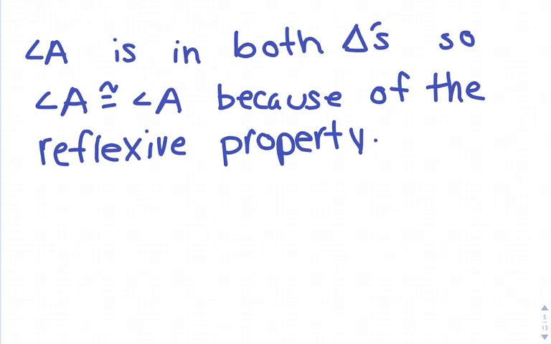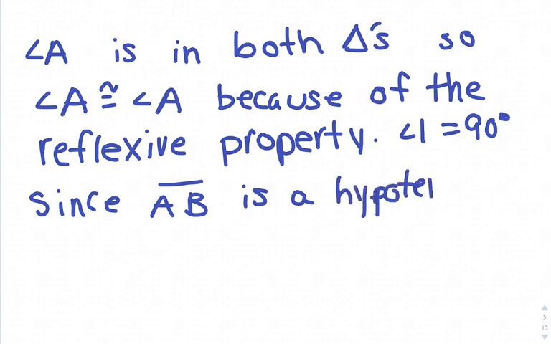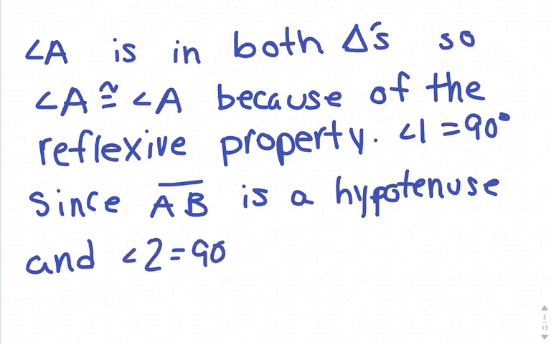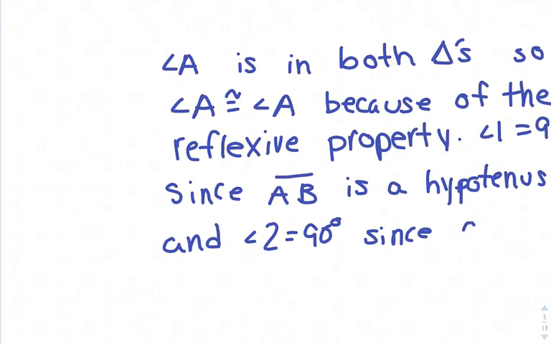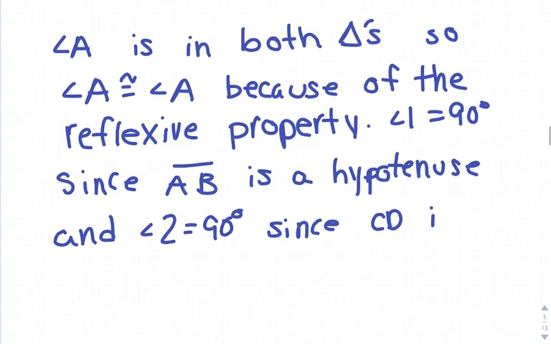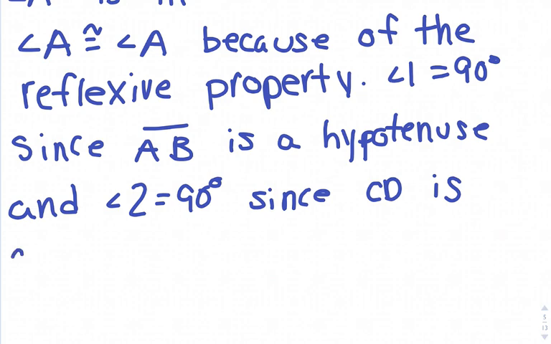So now we just got to write that out in words. So angle 1 is 90 degrees since AB is a hypotenuse. And angle 2 is 90 degrees since CD is an altitude.